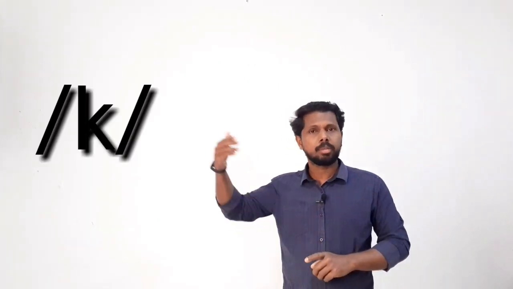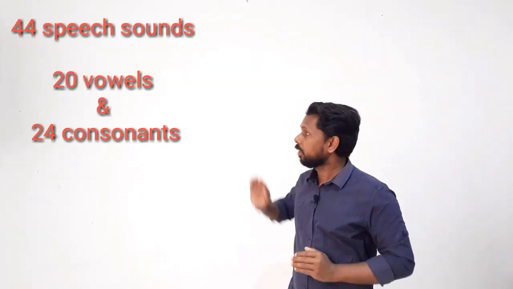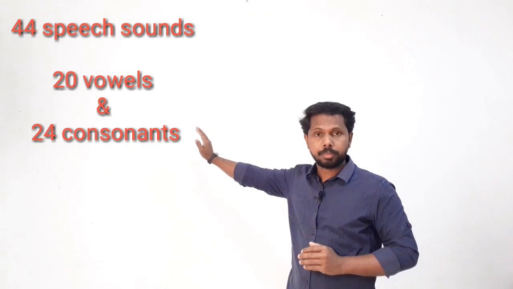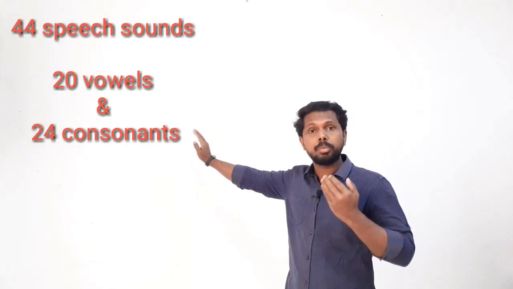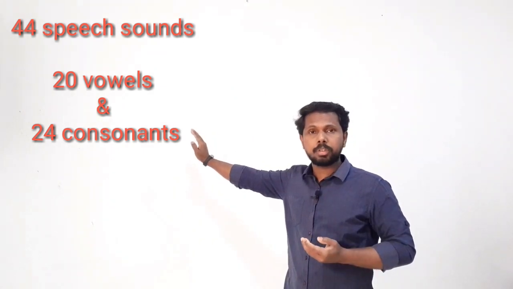In recall, it is K, and in receive, it is S. So in order to identify these differences, we have to learn these 44 speech sounds. How to pronounce these speech sounds, how to use them effectively to speak the English language.